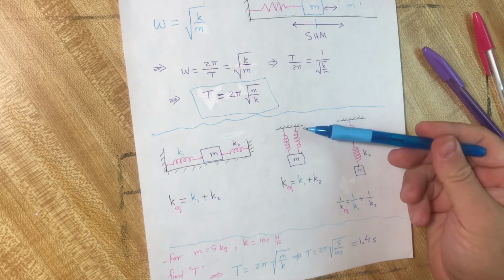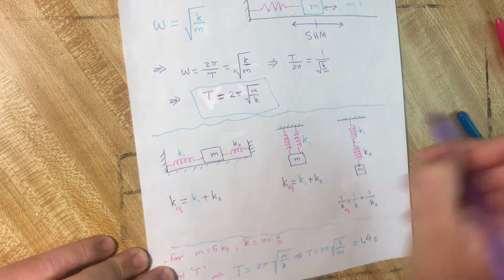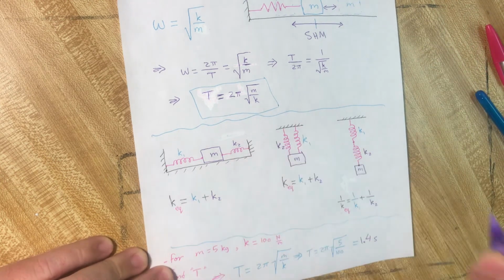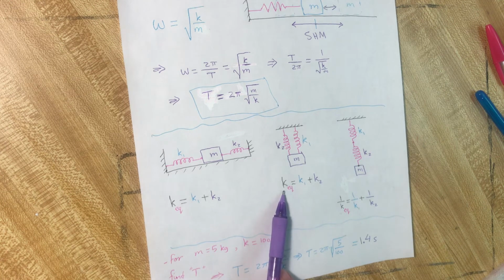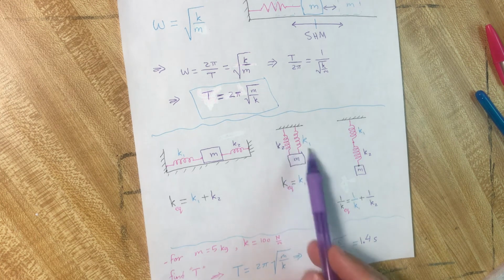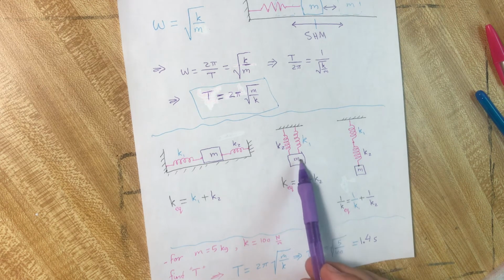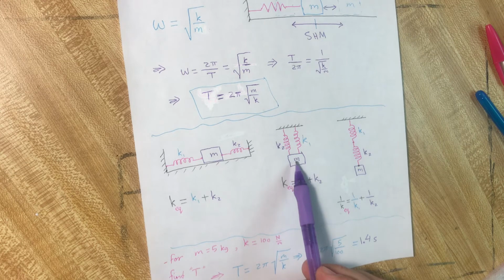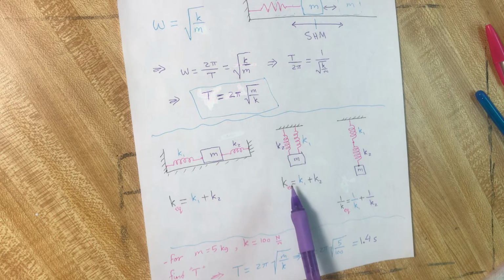If we have two parallel springs with K1 and K2, then the equivalent constant for this system is K1 plus K2. Then it is more difficult to pull or push this mass because we have two springs.